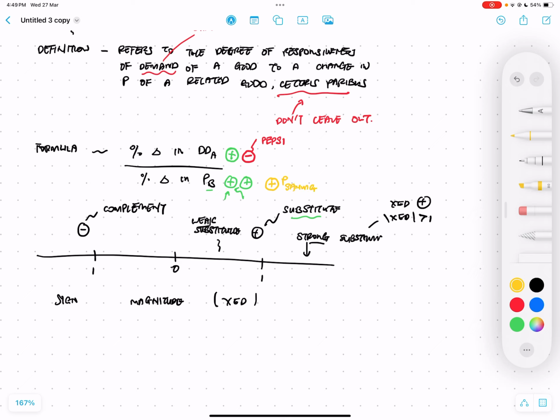Then people are going to switch from Samsung to either Apple or, let's say, Xiaomi, right? So when the price of Samsung phones increases, definitely more people are going to buy Apple phones and more people are going to buy Xiaomi phones, right? But maybe you can say Samsung and Xiaomi share the same operating system, right? They use Android. So maybe the demand for Xiaomi will be much more responsive, right?